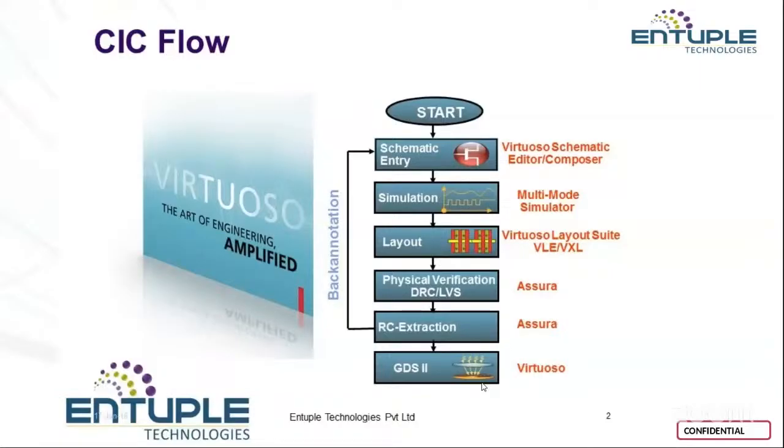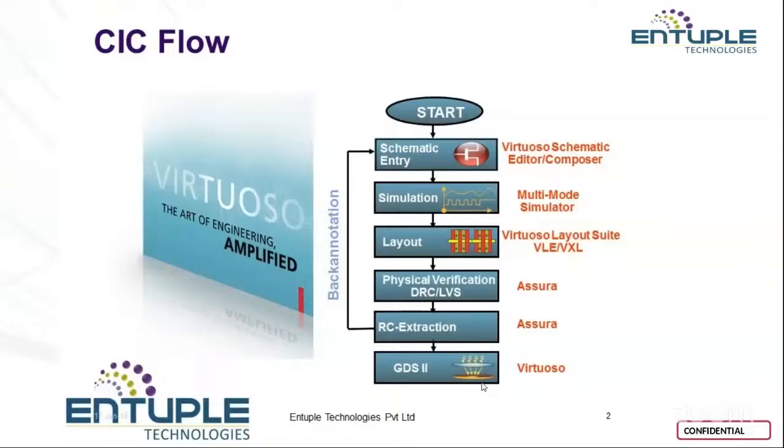And coming to the full custom, that is the custom IC flow, we start with the schematic. We are doing both RTL to GDS as well as schematic to GDS. Once the schematic entry is done, we go for the simulation and the layout process. After the simulation is done, we go for the layout. After the layout is completed, we go for the physical verification side for DRC and LVS.